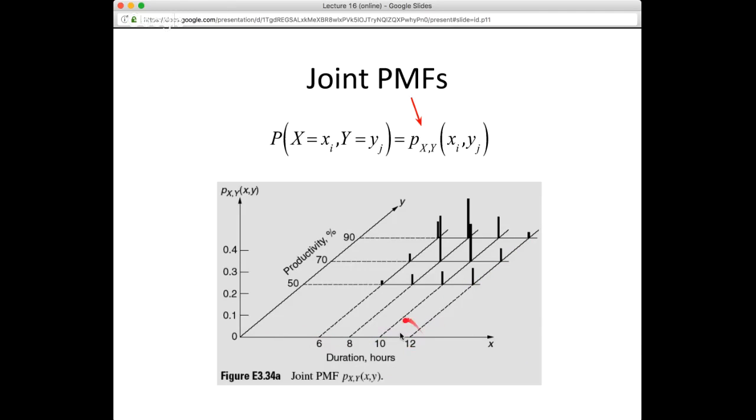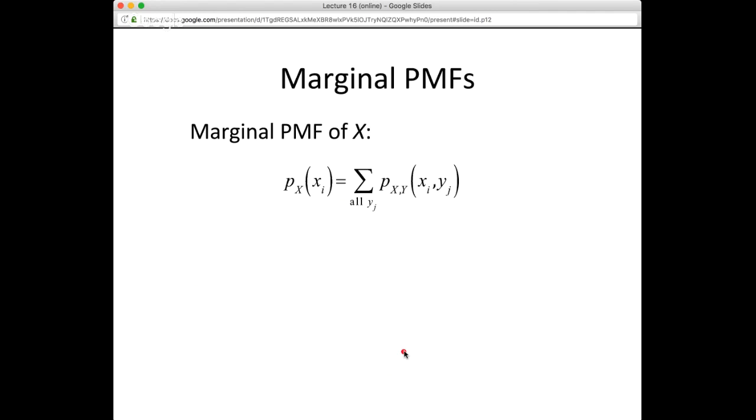So we want to know what is the probability associated with the duration of 12 hours. And to get that, we just sum up all of the productivity probabilities along that xi equal to 12 line right there. So that would be our marginal probability of x evaluated at xi equal to 12 hours. Okay, so that's our marginal probability definition.